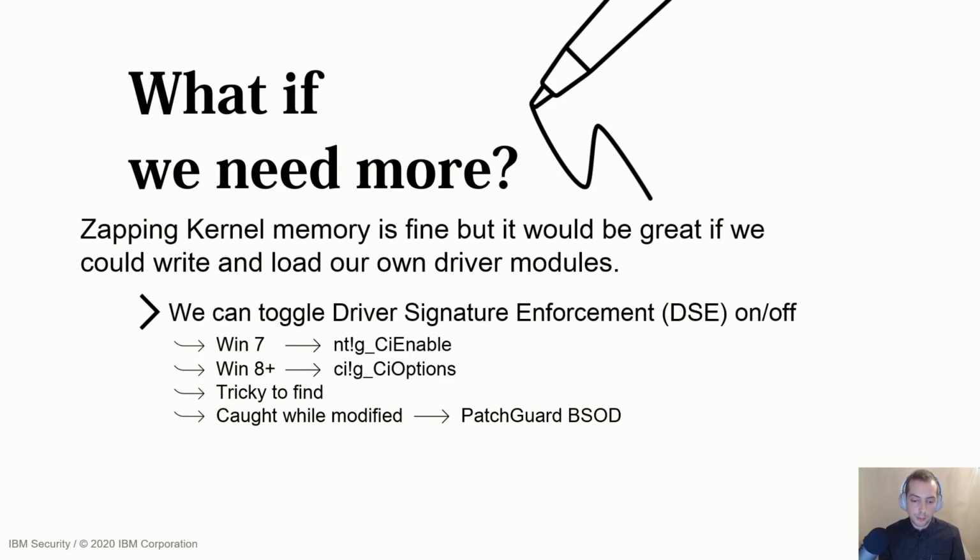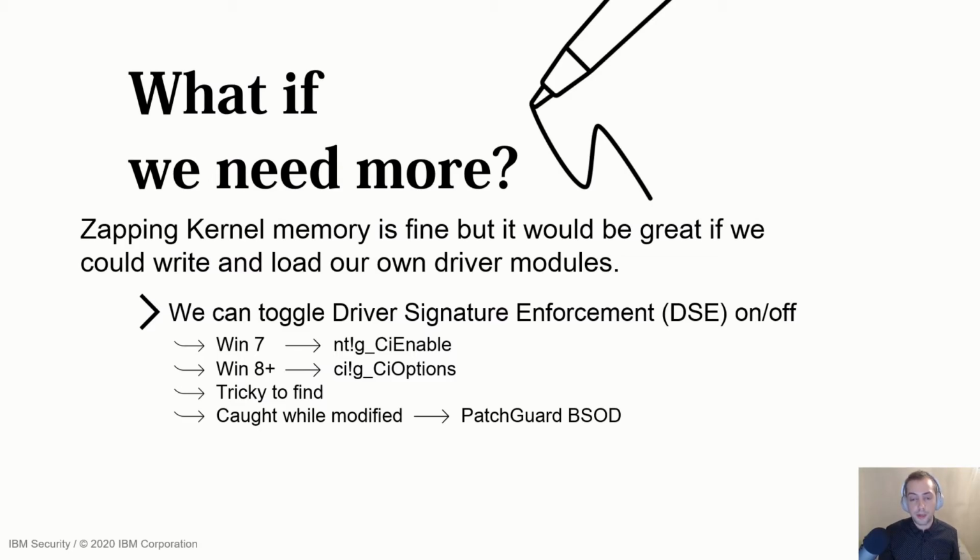We need to do some memory scanning to find them, but once we do, AquaWrench can just modify those globals in memory and dynamically change whatever the signing policy is. One thing to mention here is that if PatchGuard happens to check those values when they are modified, it will blue screen the machine.